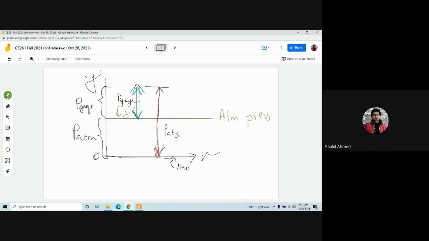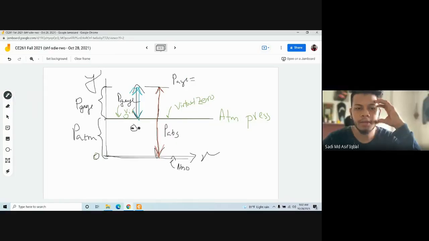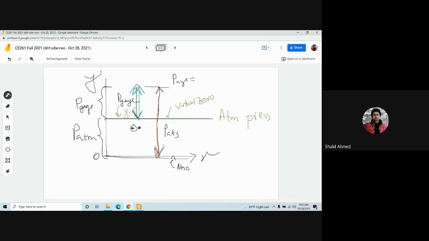Okay. Now, sometimes when you are measuring gauge pressure, this is your zero line. Now, if you are here, then what will be the gauge pressure? Remember, for gauge pressure, this is the virtual zero. When you are below zero, is that negative or positive?